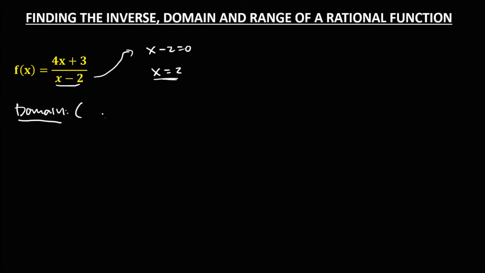So therefore the domain is from negative infinity to positive 2, union positive 2 to positive infinity, or x such that x is an element of the real numbers and x is not equal to positive 2.